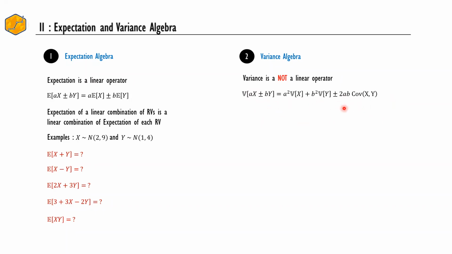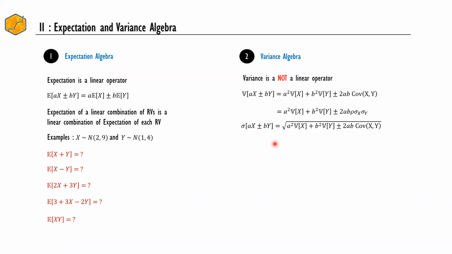You can also simplify this: covariance of X and Y is given as correlation rho between X and Y times standard deviation of X times standard deviation of Y. And if you want the standard deviation of this linear combination, you already know the variance, so you take a square root. Standard deviation is the square root of variance. That's all.